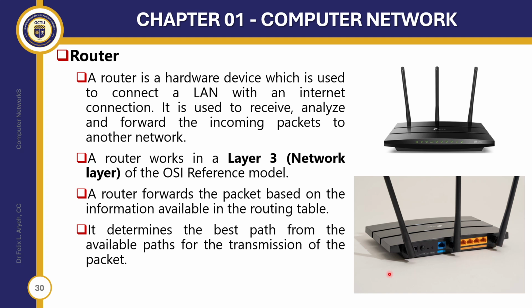So if you're on campus and you have internet access using a cable, you can put the internet access here, then configure this router to allow more people to have access to this particular internet.